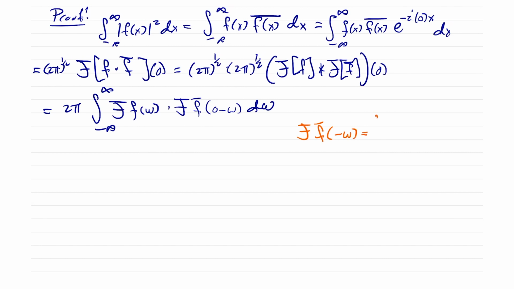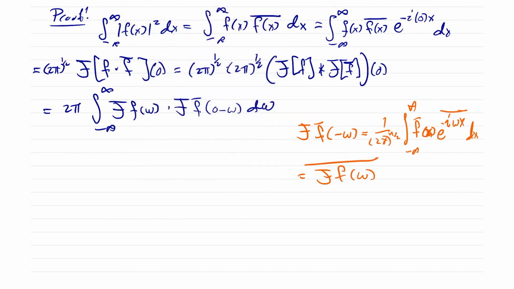This is 1 over 2 pi to the n over 2 times the integral from minus infinity to infinity of f bar of x times e to the minus i times negative w times x dx. Whew. Okay, so this whole thing becomes x times e to the i w x dx. Now if I put a conjugate on this, I get a negative sign in here, and then I have a conjugate over everything, so I can pull that out. Ultimately this is the conjugate of F of f at w.